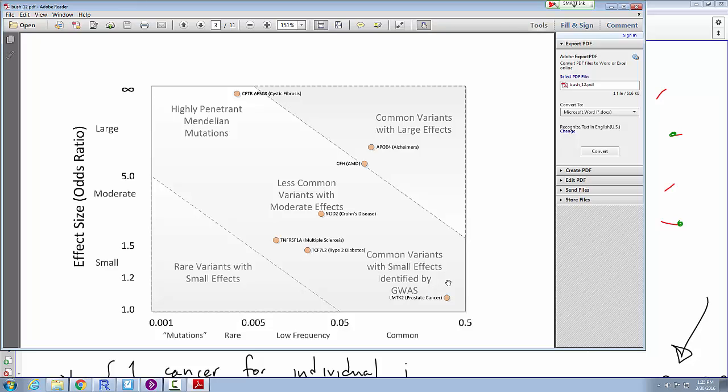Most of the more common diseases, like prostate cancer, cardiovascular disease, are thought not to be driven by one magic gene, but rather by combinations of many small changes.